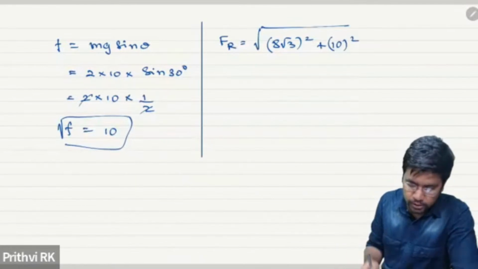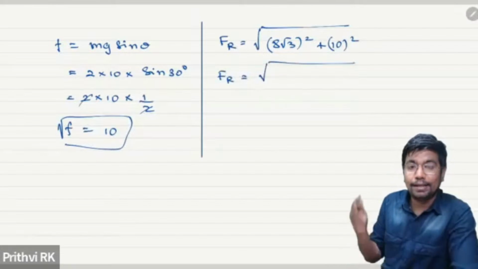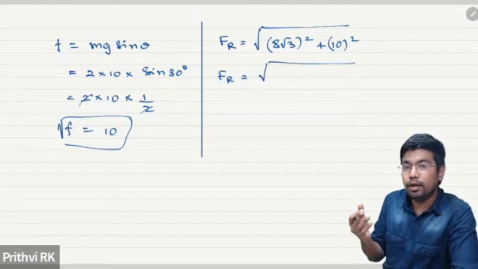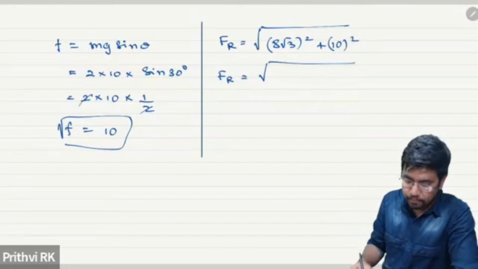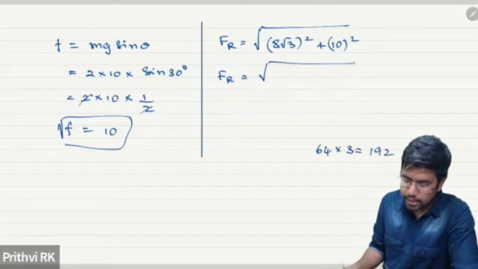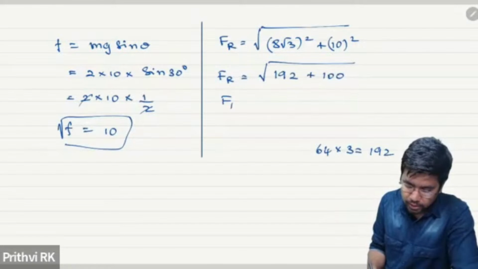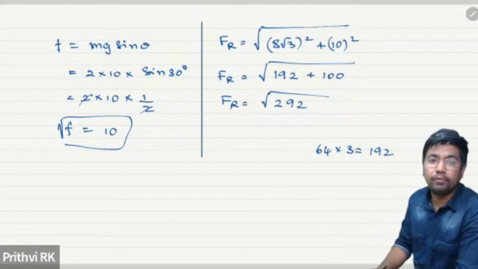So we just have to calculate this. So when you square 8, 8 8s are 64. And root 3, when you square it becomes 3. So 64 into 3 is 192. So 192 plus 100. So FR, the value of FR will be root of 292.